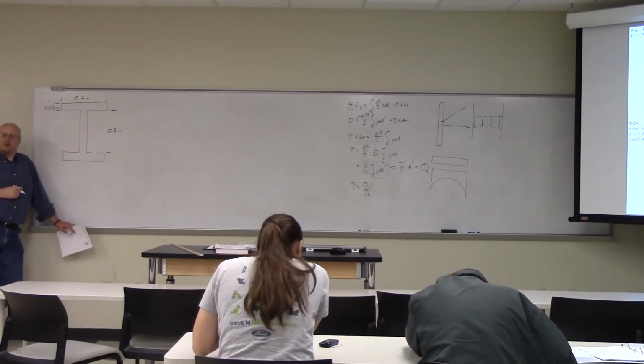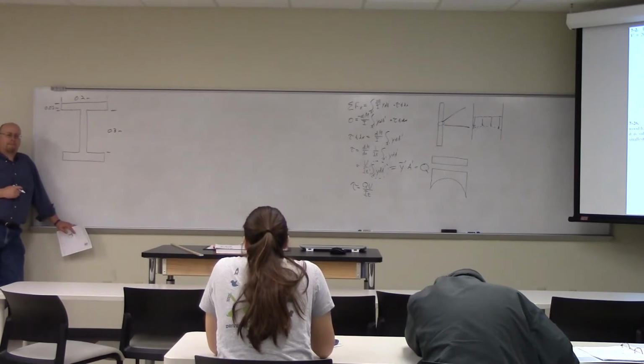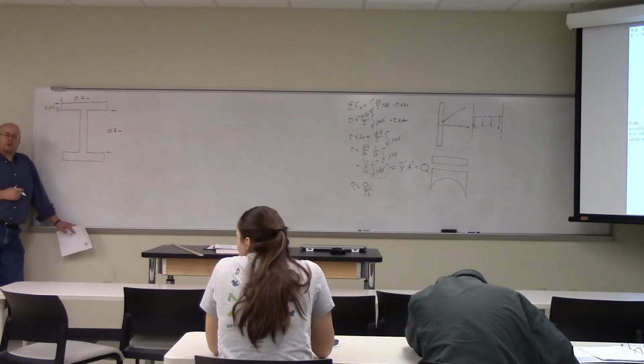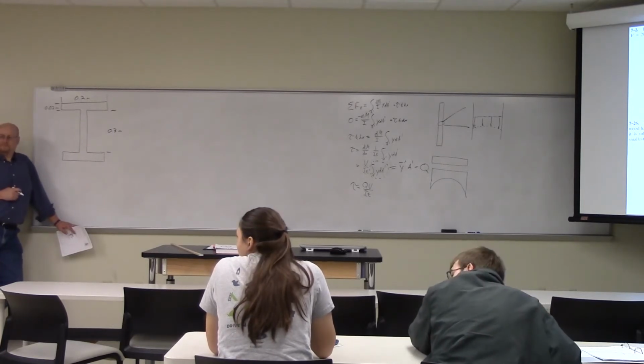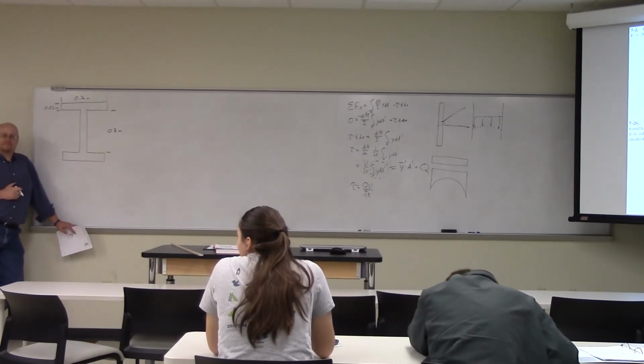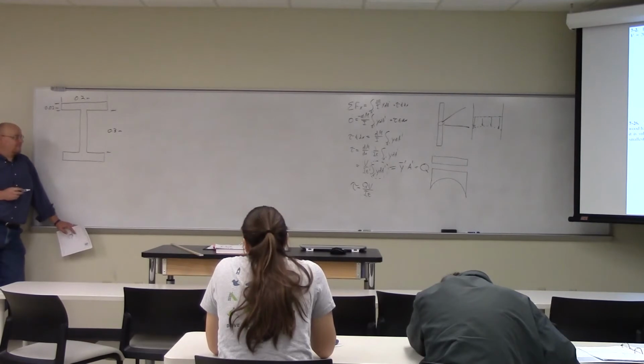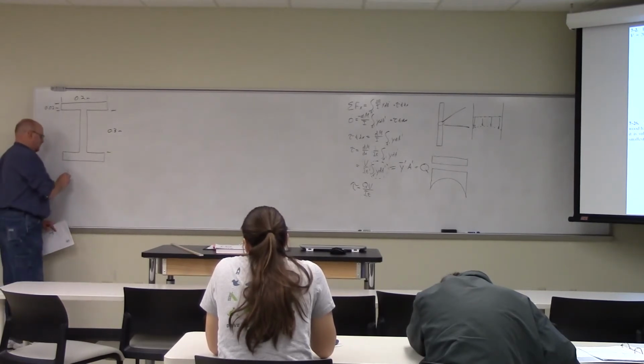Now, what is it we're trying to find? Maximum shear stress in the beam. So what expression might I use to start with? You might notice that I strategically did not erase the entire board. So maybe we use the expression at the very bottom, QV over IT.